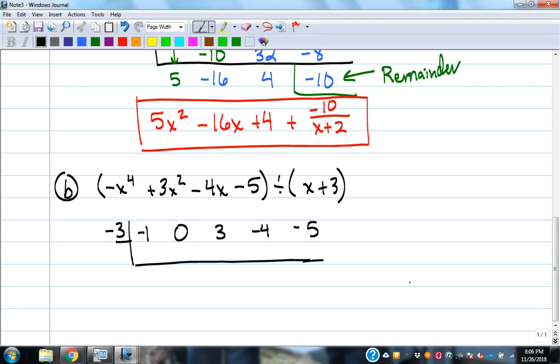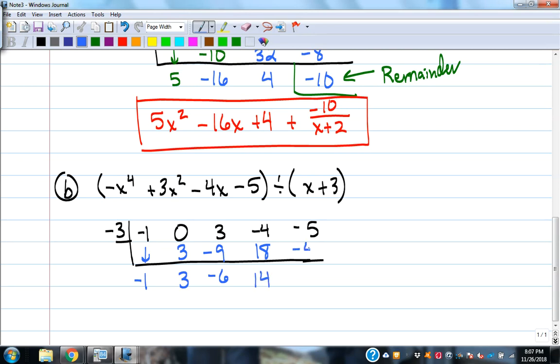Okay. What do I do with that negative 1? Drop it down. That first term is always going to drop down. And then what do I do from there? Negative 1 times negative 3, positive 3. Then I add. Multiply, add. Multiply, add.